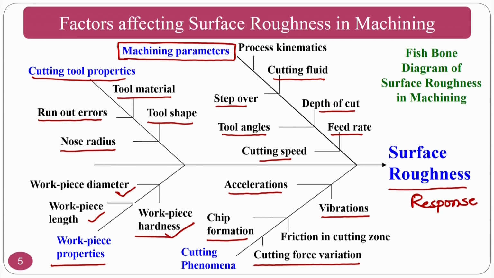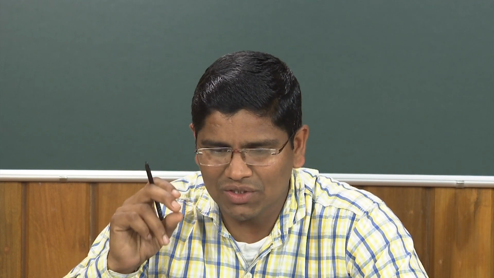For example, if you take a carbide tool TPUN 160308, the last digits normally represent the nose radius. In 160304, 160308, normally 04 means 0.4 is the nose radius. In the other case, where 08 is there, the nose radius is about 0.8.